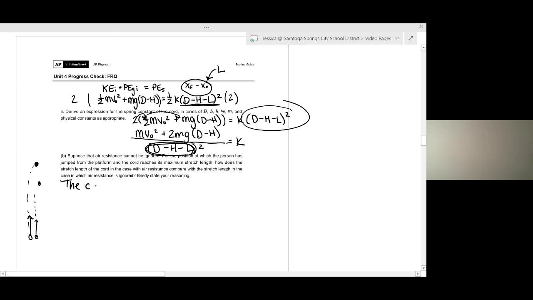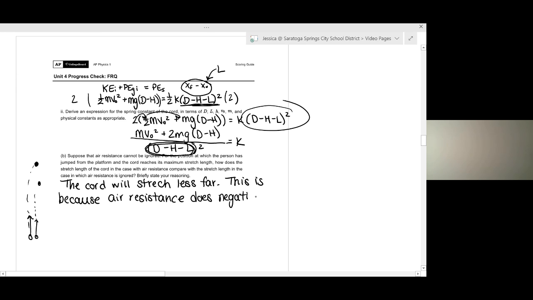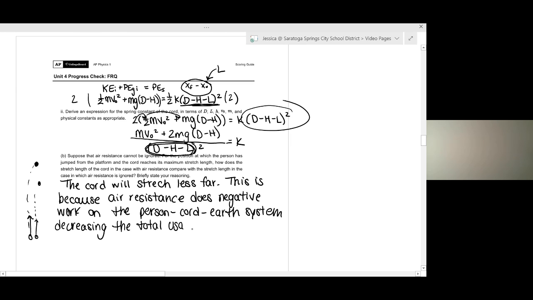So the cord will stretch less far. This is because air resistance does negative work on the person, cord, earth system, decreasing the total usable energy.